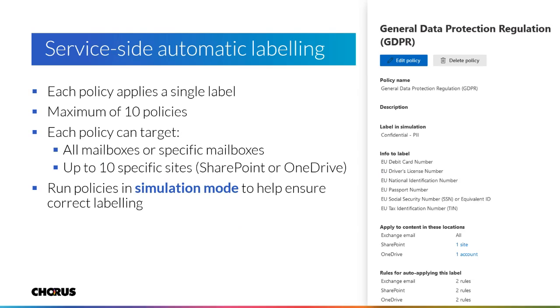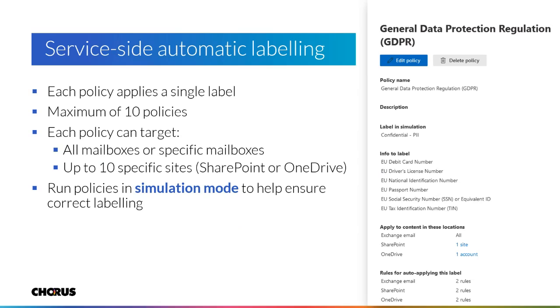So you've got a maximum of 10 policies, and each of those policies can target up to 10 specific SharePoint sites or OneDrives. So you can't yet say go and apply sensitivity labels on every single one of my 500,000 SharePoint sites. It may come in time. This is a fairly new capability.